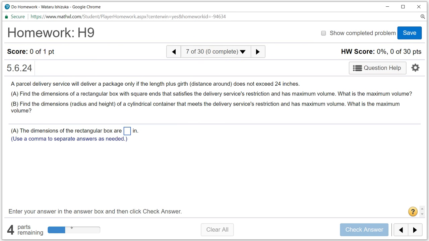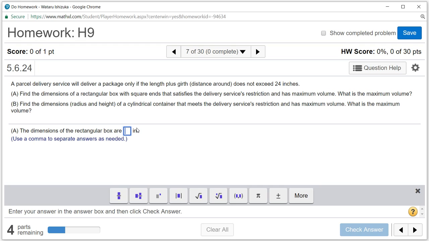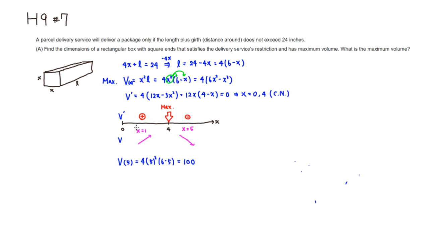Alright, the dimensions of the rectangular box, well actually they want the dimensions, right? We found that x is equal to 4. So it's a 4 by 4 by, I have to find the length. L is going to be 4 times 6 minus 4.